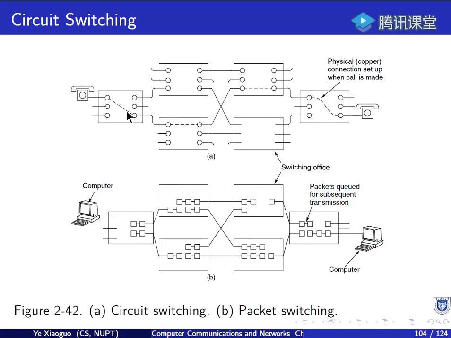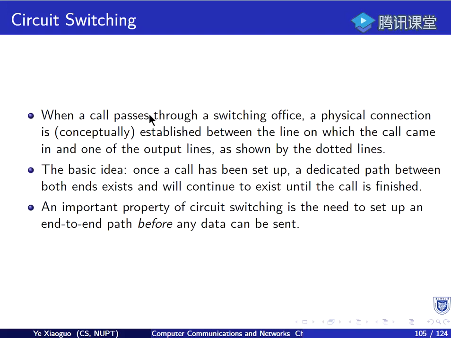This dotted line means the switch will establish a temporary jump cable to connect these points to establish a path. The basic idea is once a call has been set up, a dedicated path between both ends exists and will continue to exist until the call is finished.